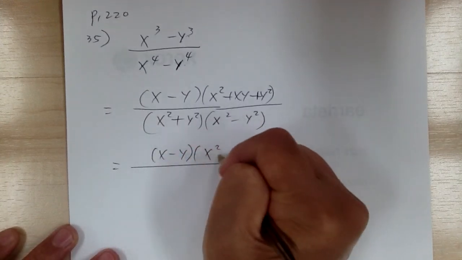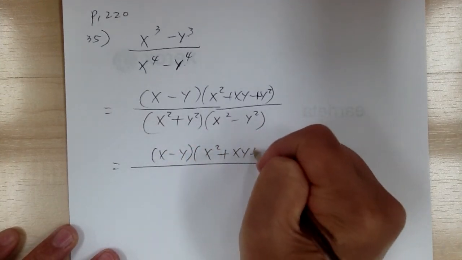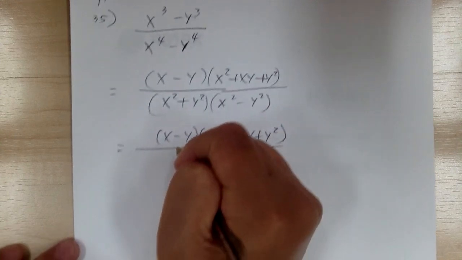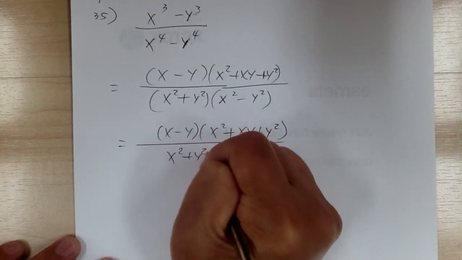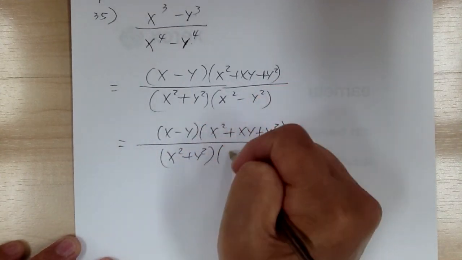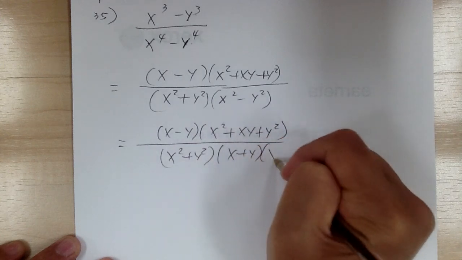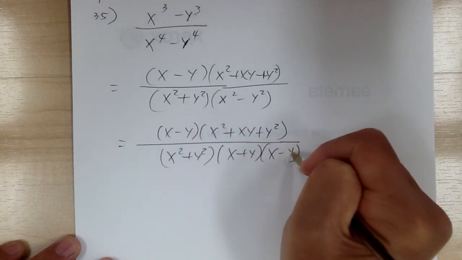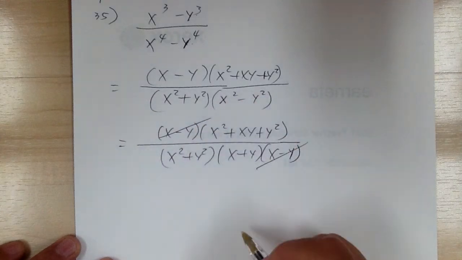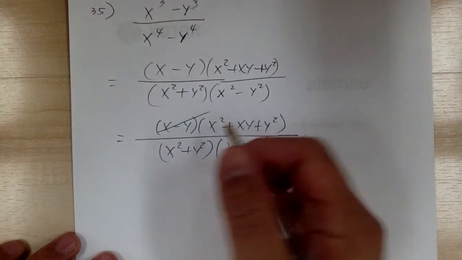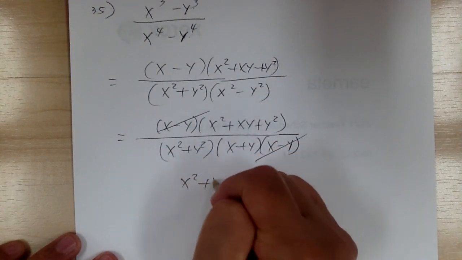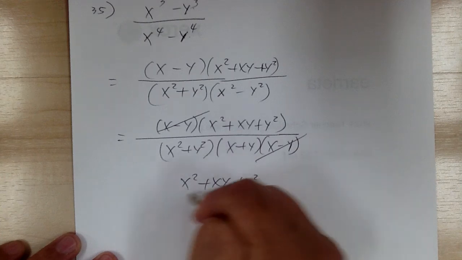So x squared plus xy plus y squared. And this is x squared plus y squared. And over here you're going to get x plus y, x minus y. So this cancels with this, and that's all you can do. So it'd be x squared plus xy plus y squared.